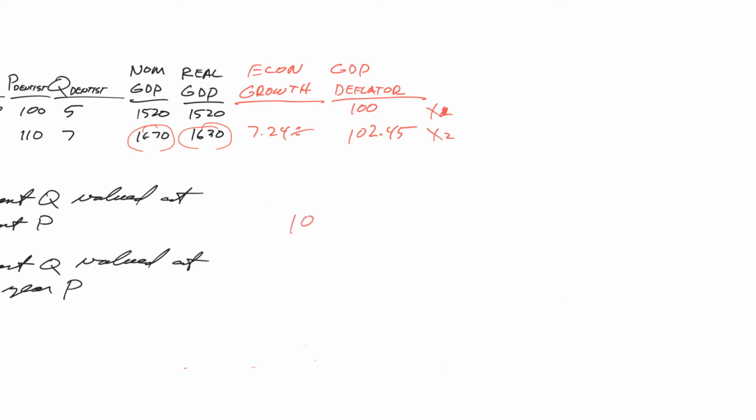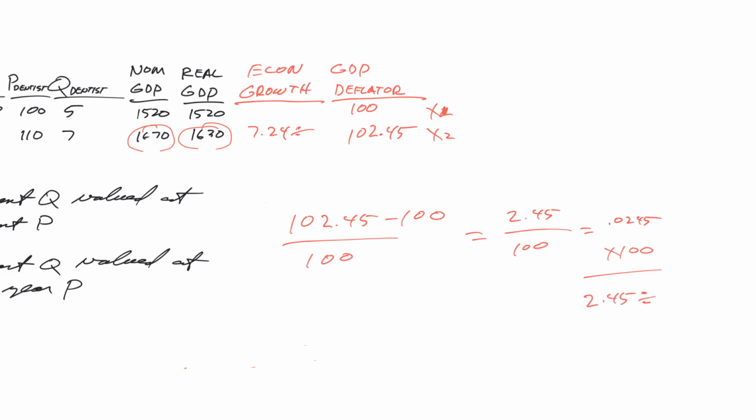So that would be 102.45 minus 100 divided by 100. So that's x2 minus x1 divided by x1. And that gives us 2.45 divided by 100 equals 0.0245. And then we times that by 100 to get 2.45%.